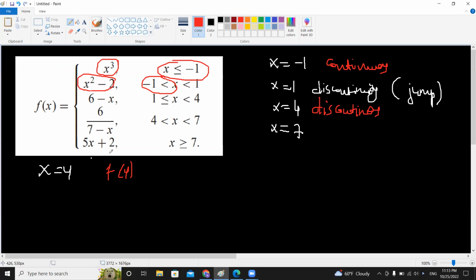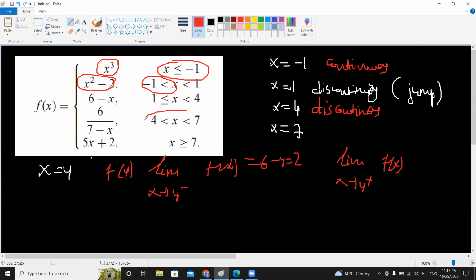In order to define the type of discontinuity, we can find the limits. Limit as x tends to 4 from the left side of x, we are going to have 6 minus 4, which is 2. And from the right side, we are going to have this one, 6 out of 7 minus 4, so 6 out of 3, which is 2.